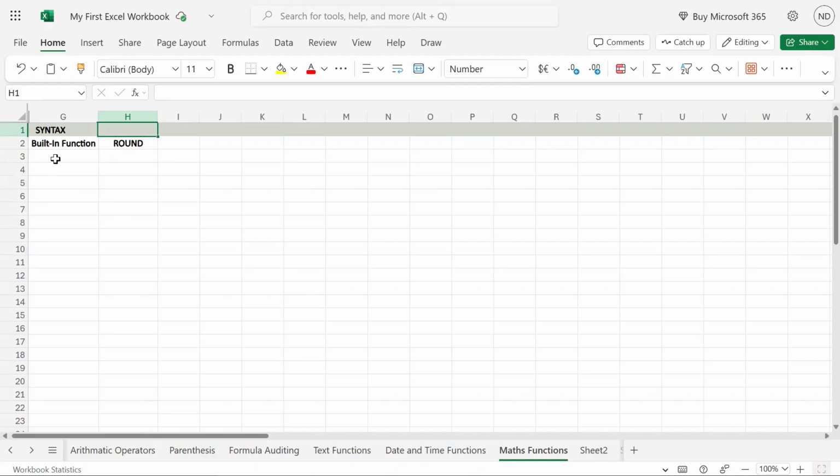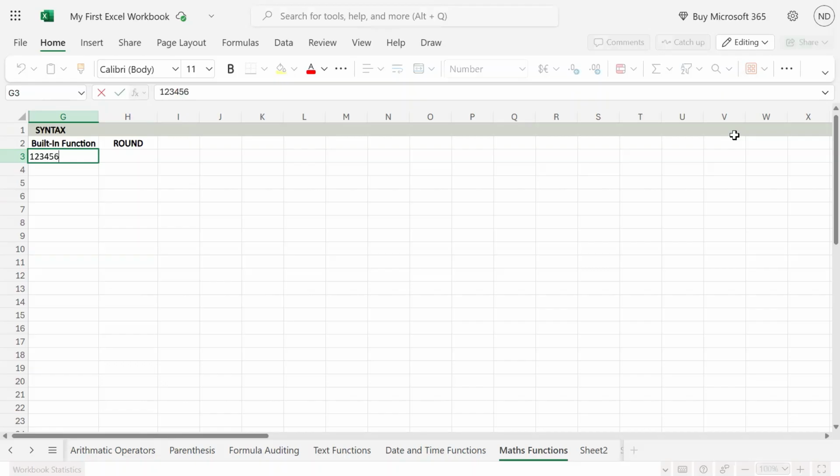Suppose I have this number as 1, 2, 3, 4, 5, 6. This is the integer number, and then after the dot we have the decimals. So I have 3, 4, 5, 6, 7, 8. Let me increase the decimals so that I can see the entire decimal.